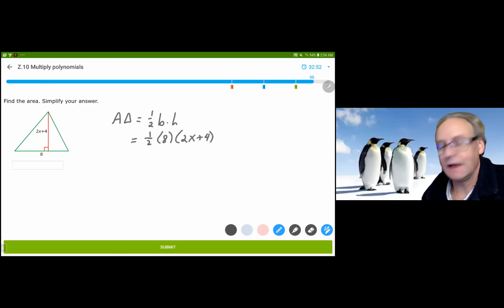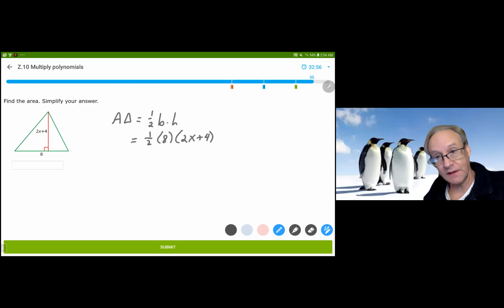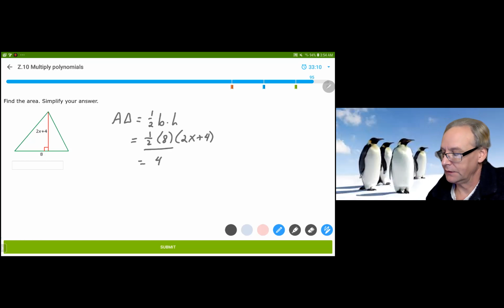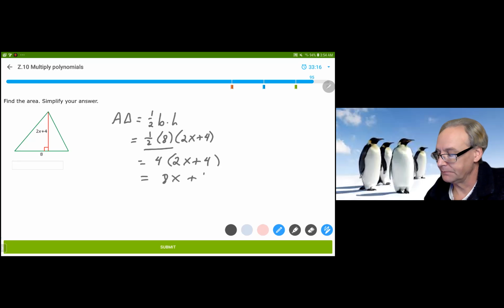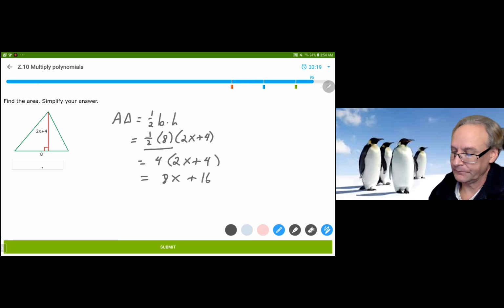A common mistake is to want to take half the base and half the height. And the problem with doing that is that you will get 1/4 of the triangle because you don't want to take half of half. You only want to multiply by a half one time. That's going to give you 4 times the 2x plus 4, which is 8x plus 16. There you go.